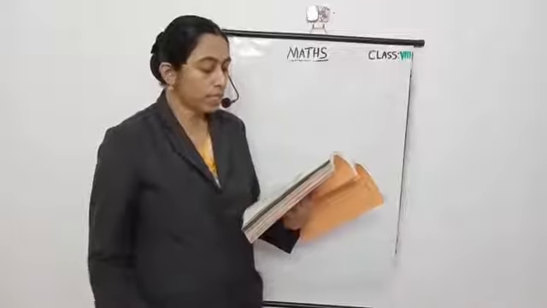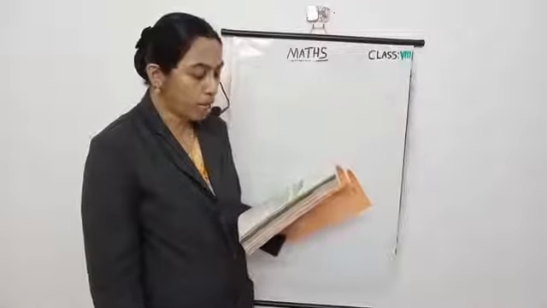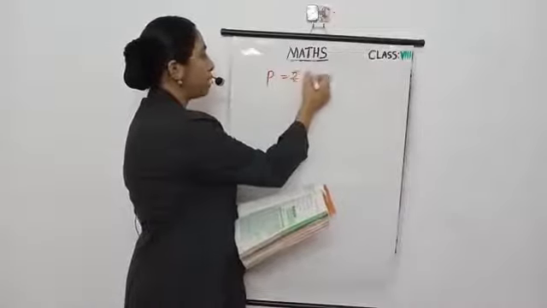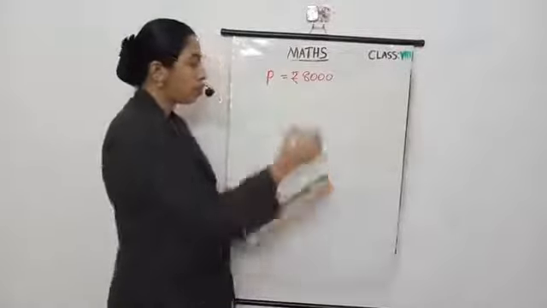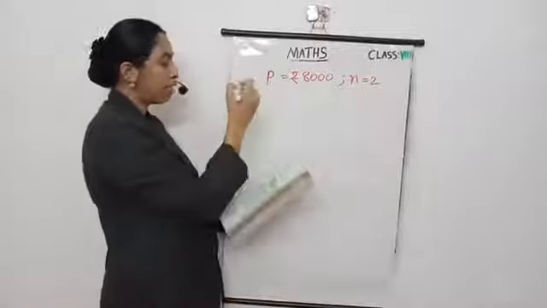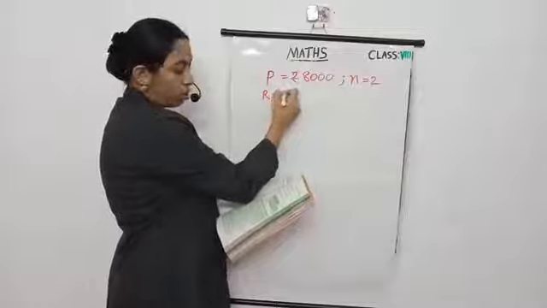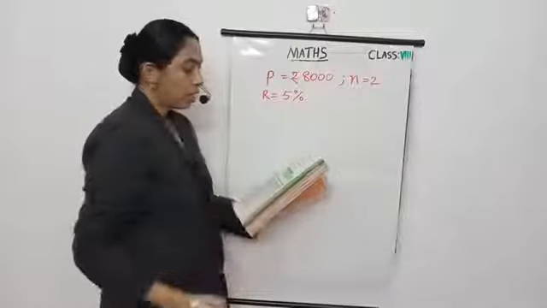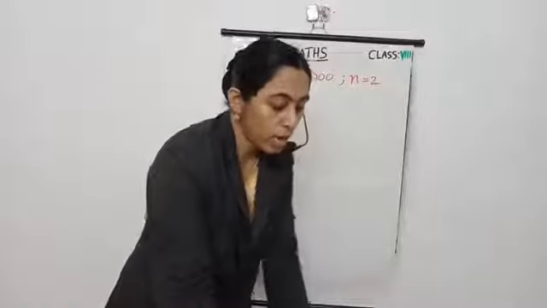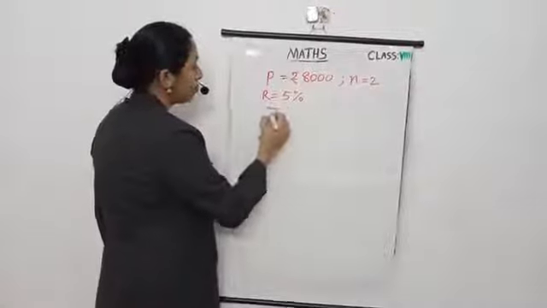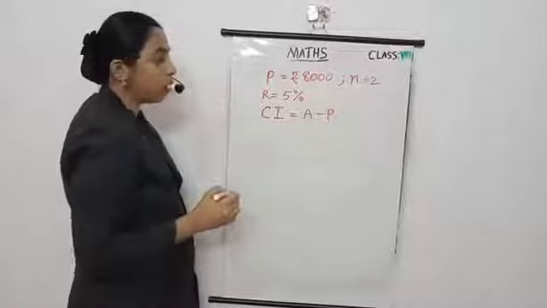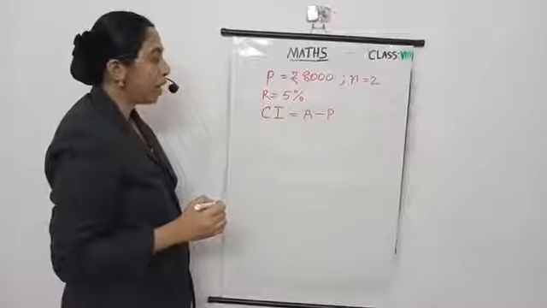So P equal to rupees 8,000, for 2 years, that is N equal to 2, and the rate R equal to 5% per annum compounded annually. Here it is given compounded annually, so we need to find the amount first. Compound interest is equal to amount minus principal amount.